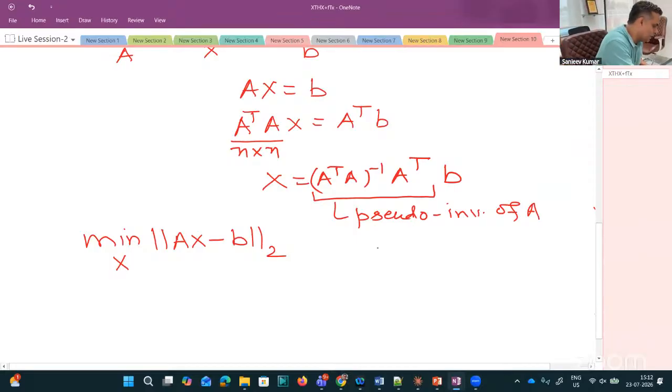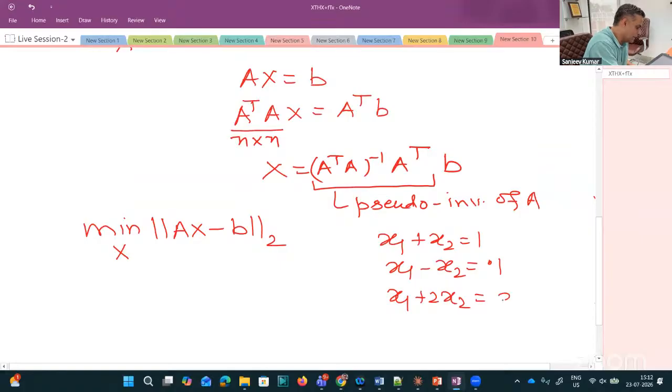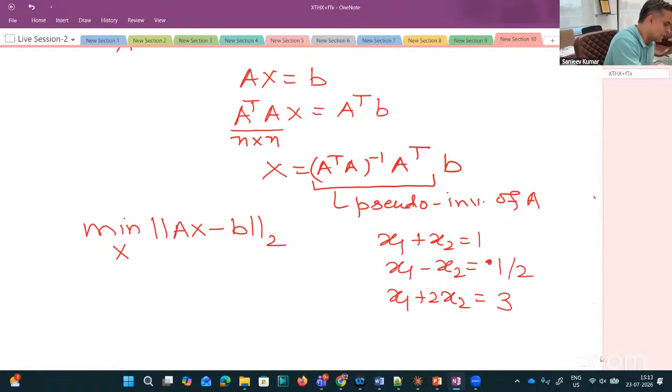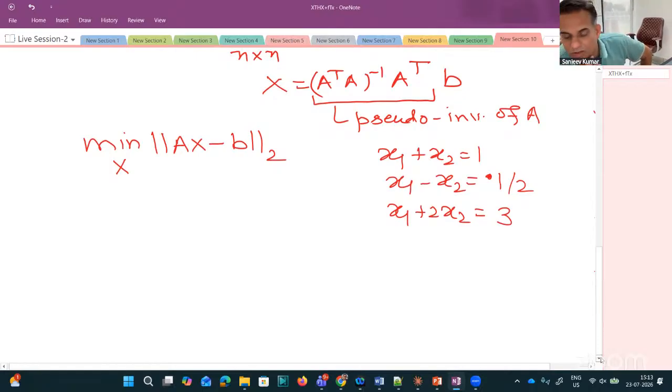So for example, I told you a problem, x1 plus x2 equals to 1, x1 minus x2 equals to, let us say, 0.1, and x1 plus 2x2, let us say, 0.5. This particular system is not having an exact solution. Exact means the values of x1, x2 will satisfy all these three equations simultaneously.